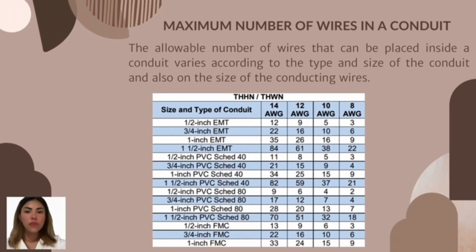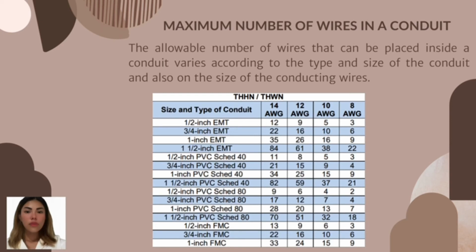Here are the maximum number of wires in a conduit. The allowable number of wires that can be placed inside the conduit varies according to the type and size of the conduit, and also on the size of the conducting wires. Wire size is defined by the American Wire Gauge or AWG number.